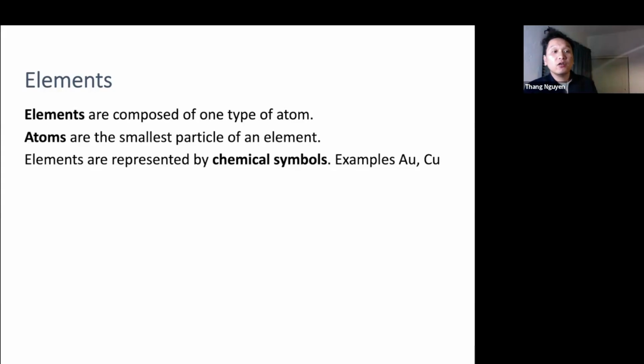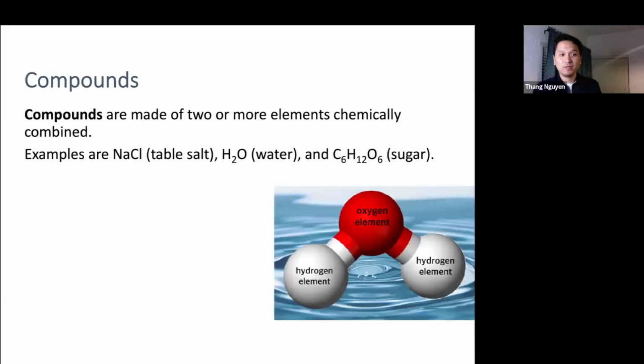For now, let's go over the definition. And elements are represented by chemical symbols. An example we talked about was gold, which is represented as Au, or the brass has copper in it, represented with Cu as a chemical symbol.